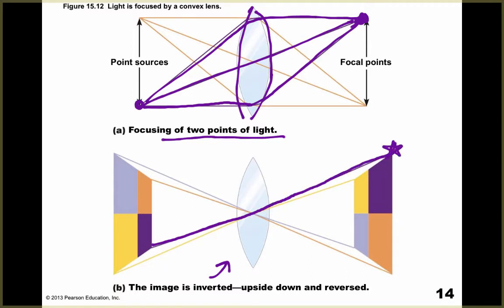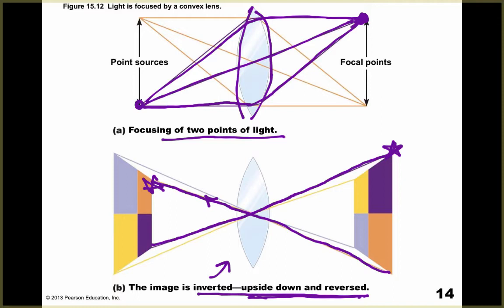Down here, this refracts and ends up right here. So it continues on its path, and that's why it essentially ends up on the opposite side. And so the image that our lens makes is essentially inverted, which is upside down and reversed.